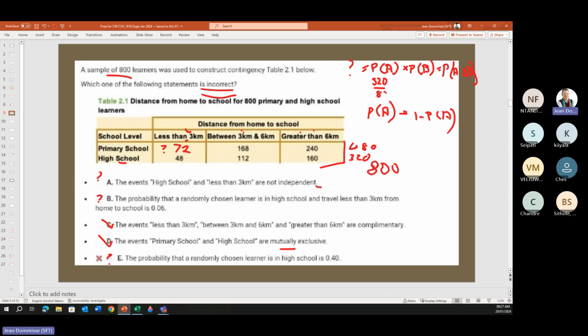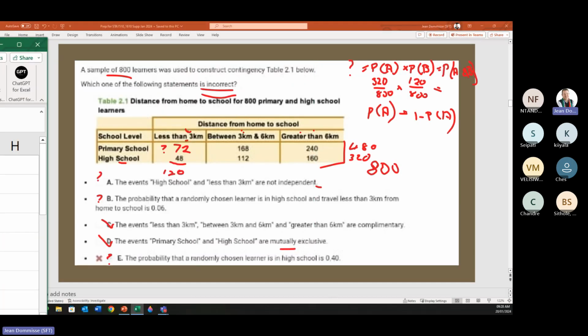over 800, times the probability of the other one, less than 3 kilometers. So if we get that, that's 120. Okay, so let's see.